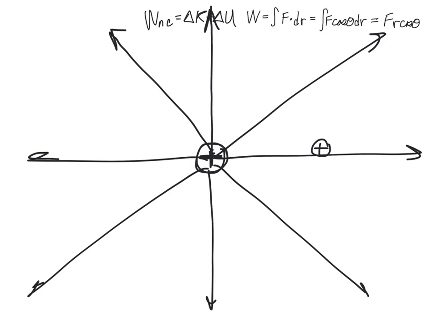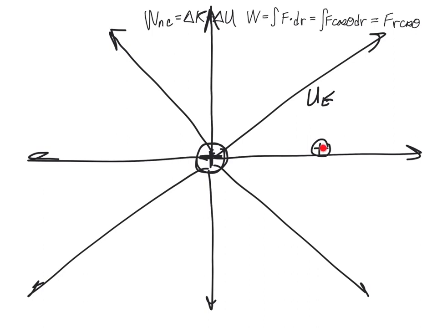Now, we can use conservation of energy and the work equation to think about how much energy we have. What we want to know is how much electric potential energy does this charge have? So the first thing to notice is if I push it closer to the charge, will the electric potential energy increase or decrease?